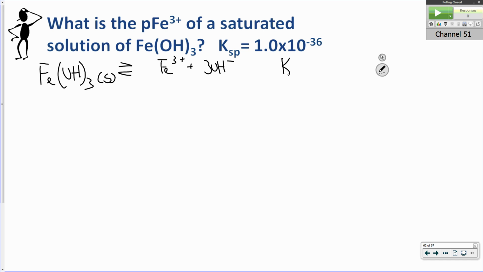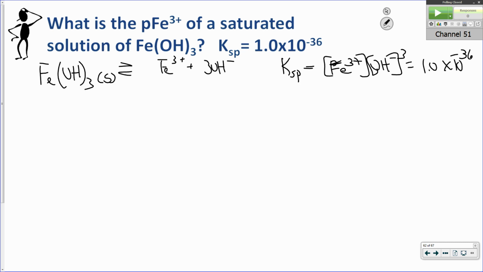I can write a Ksp expression for it: the concentration of the iron 3 times the concentration of the hydroxide minus cubed. And its Ksp is a very low 1.0 times 10 to the minus 36.